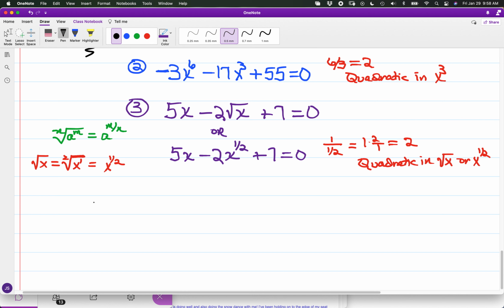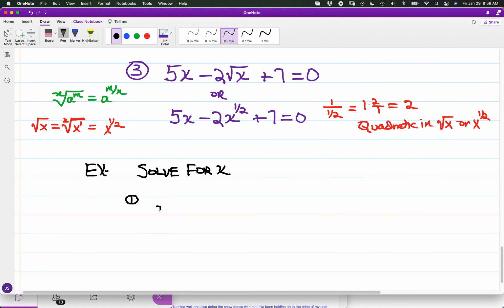And just taking as examples, if we're looking at solving for x, let's say we have x to the 4th plus 3x squared minus 4 is equal to 0.